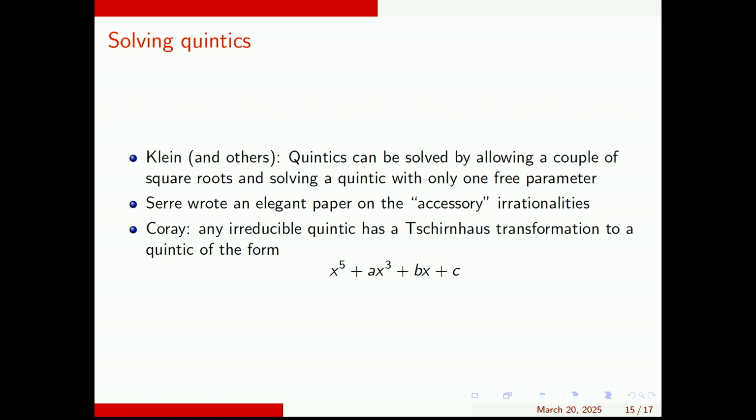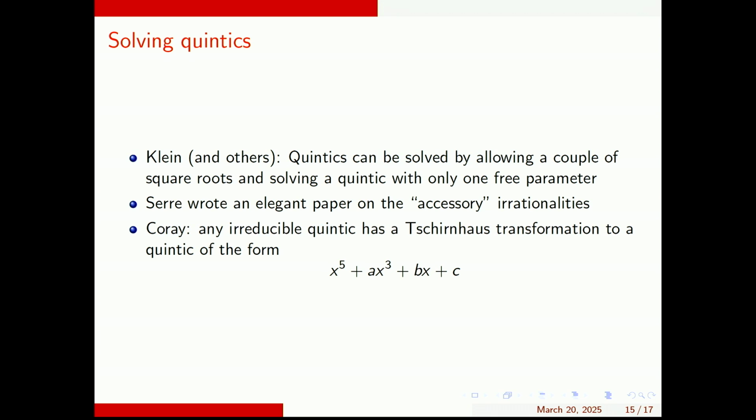Now, if you ask to knock out the first two coefficients, in other words, the coefficient of x to the fourth and x cubed, well, you're not going to be able to do that with a totally real polynomial because the sum of the squares isn't going to be 0. So that is not going to have the property. You're going to need to adjoin a square root, and in fact, an imaginary square root to do that.